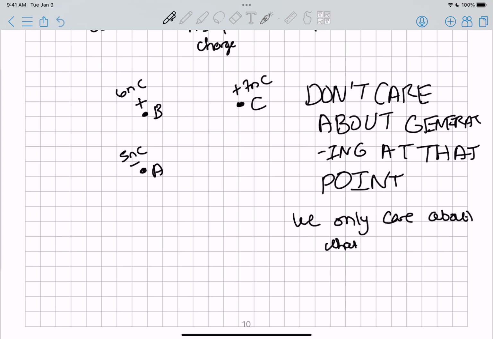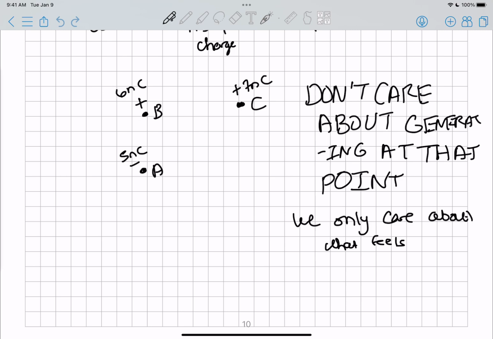Because at that point right here, it's feeling an electric field from B, right? An electric field from A, right? So when they say at a specific point, they want you to imagine that there's a positive imaginary test charge there, right? And then draw your electric fields accordingly.